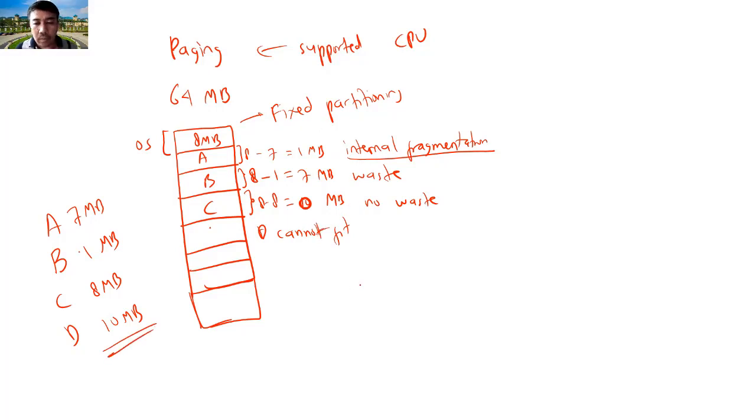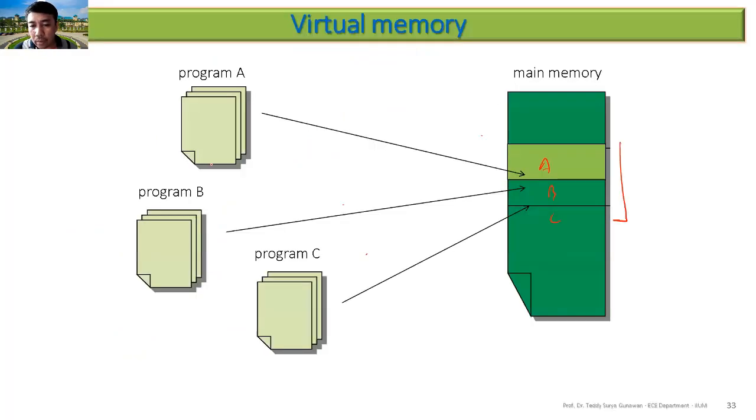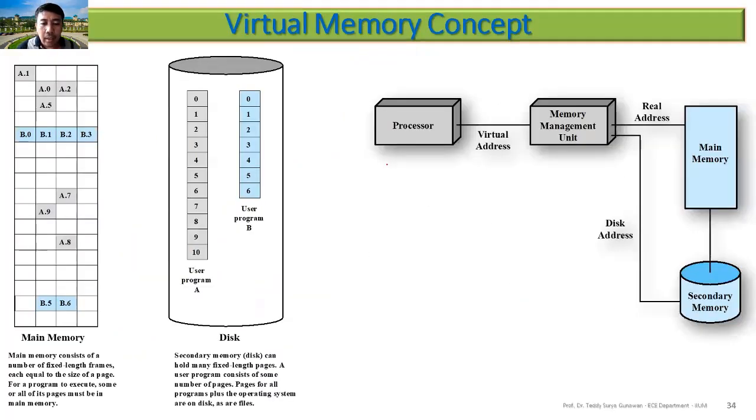And as people moved on, we moved on to something like this, paging. For example, user program A creates pages that are small enough.